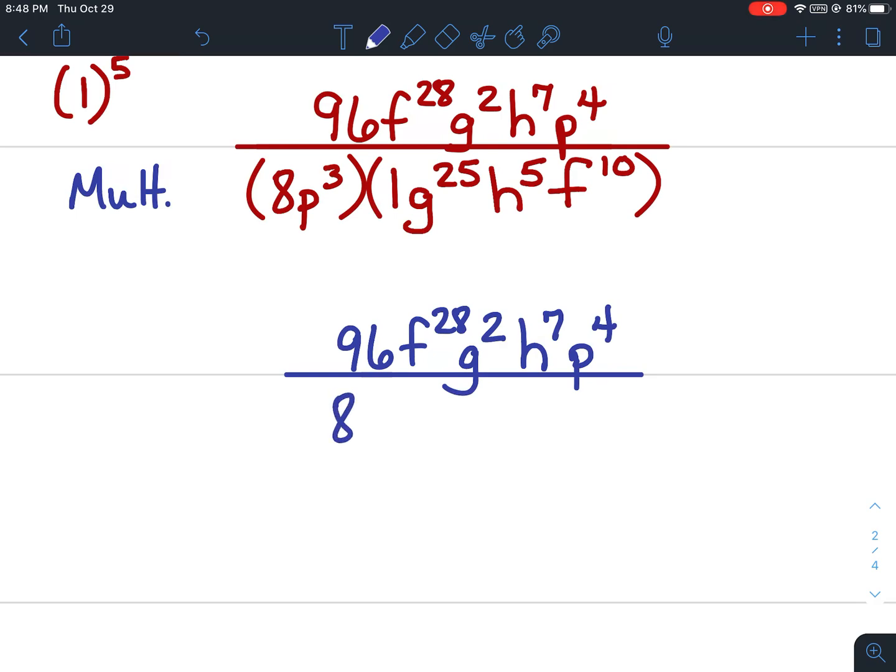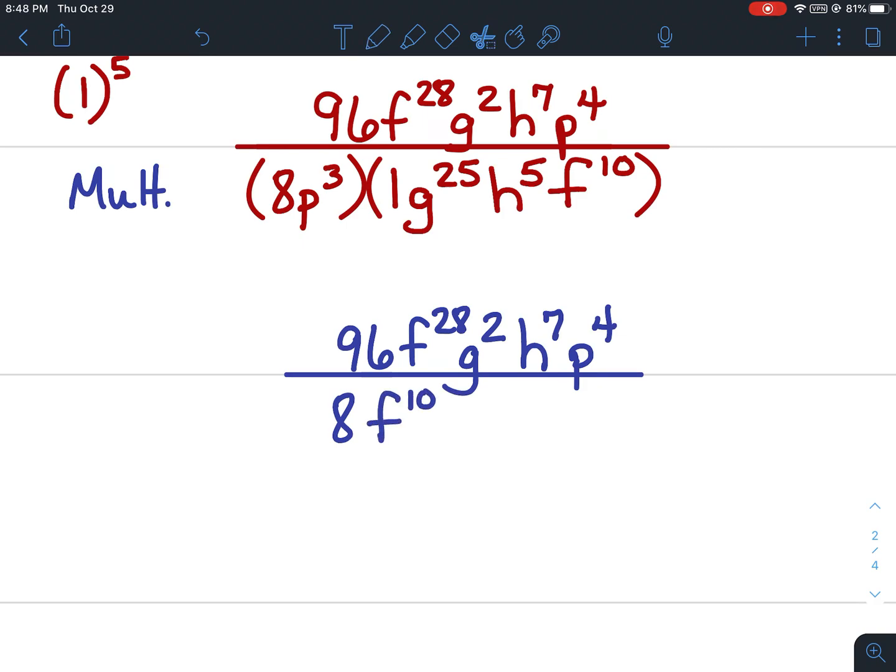And now I've got a p, a g, an h, and an f. None of them repeat, so I just need to bring them down. And when I bring them down, I'm going to bring them down in alphabetical order. So f would be first. I'm going to bring down f to the 10th.